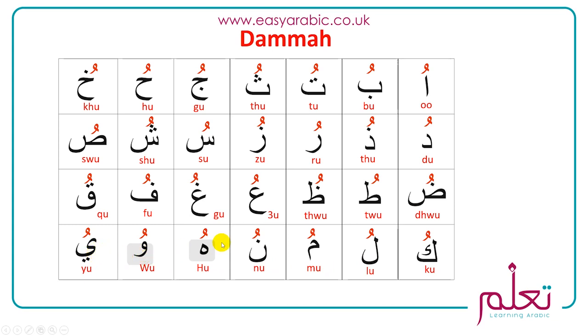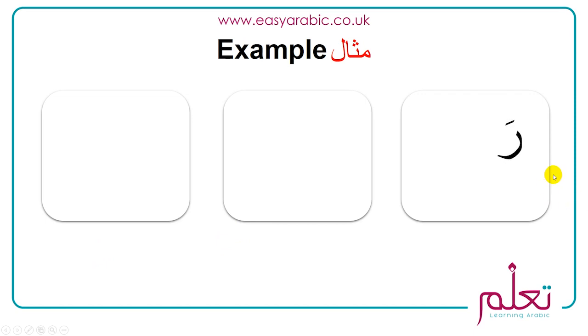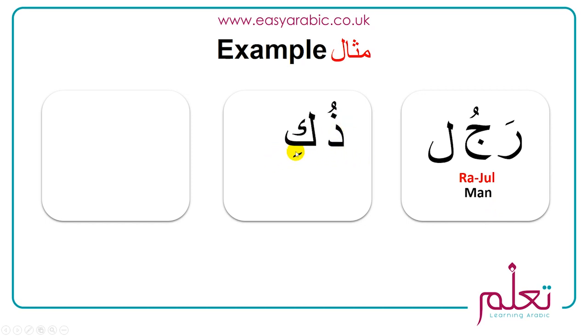Okay, let's look at some examples. The first one, we've got a ra with the fatha, then a jim with the dhamma, and the lam, which has a sukun, which is blank. So this would be ra, jul, rajul. If you had a fatha there, it would be rajula. Rajul means man. Next one is dhal with the dhamma, the kaf with the kasra, and the ra with the fatha.